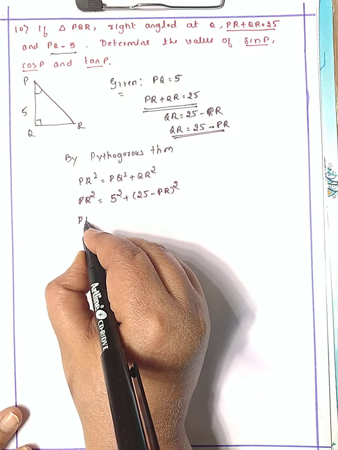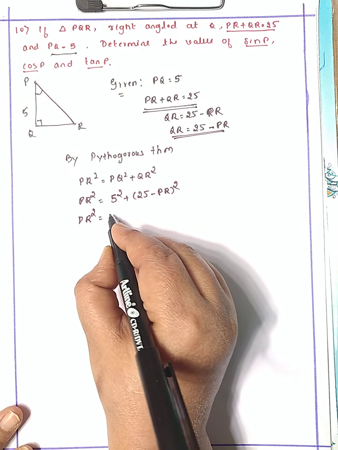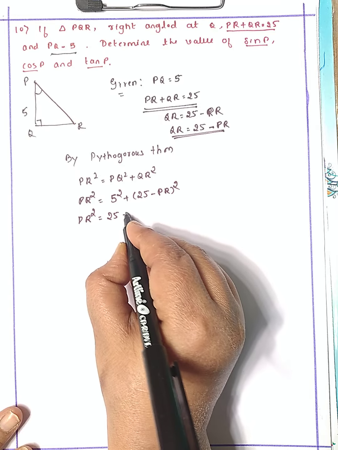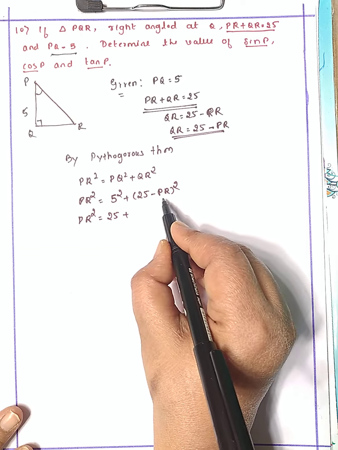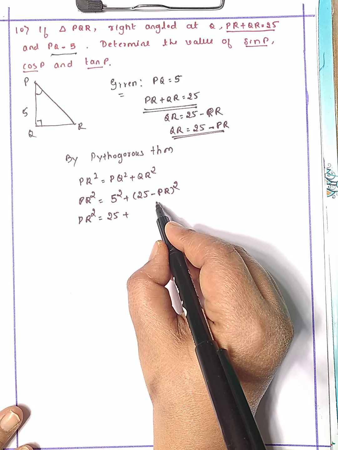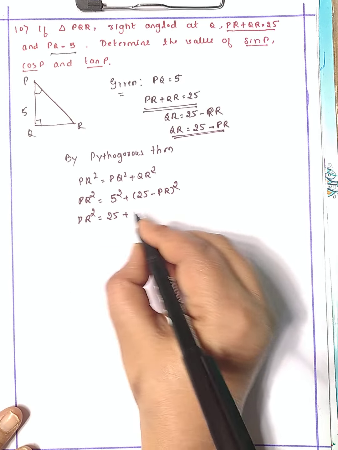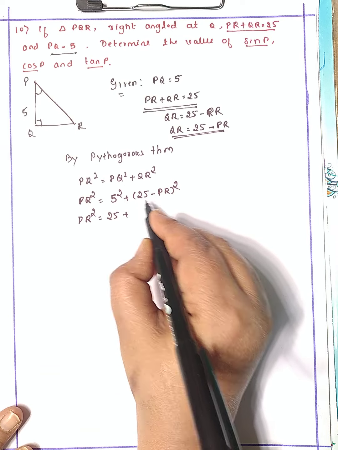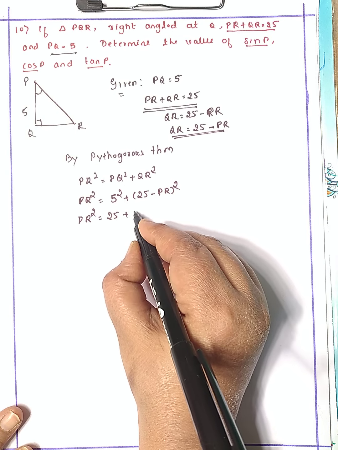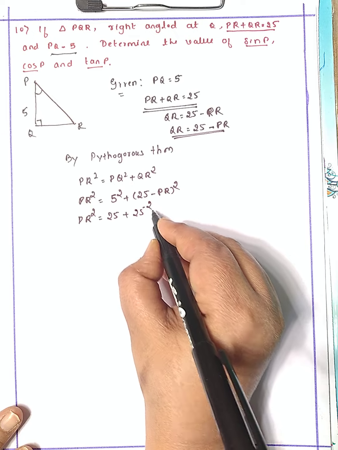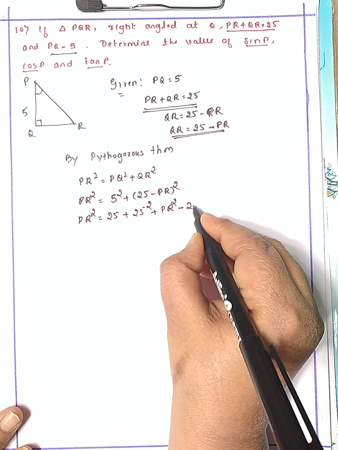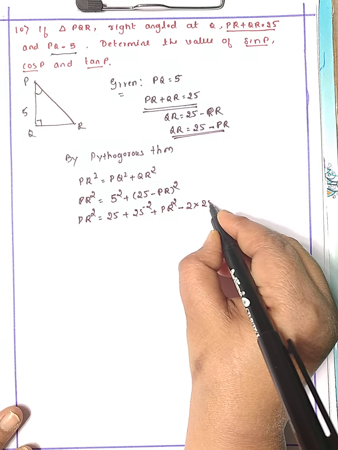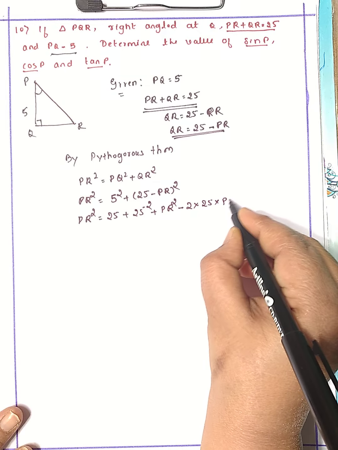Now PR square equal to square of 5 is 25, then we will simplify by the formula (A minus B) whole square, A square plus B square minus 2AB. A is 25, B is PR. So 25 square plus PR square minus 2 into 25 into PR.